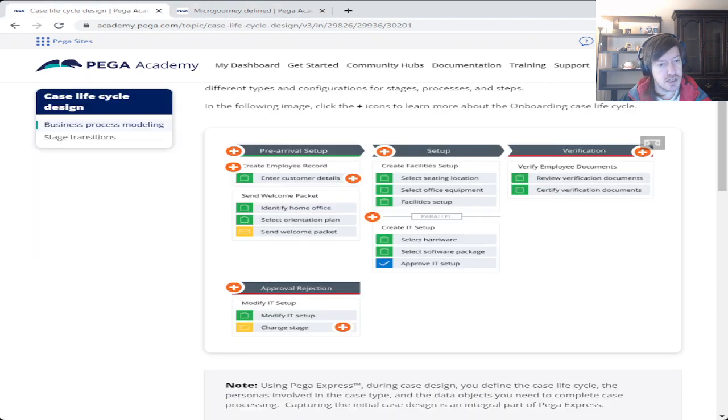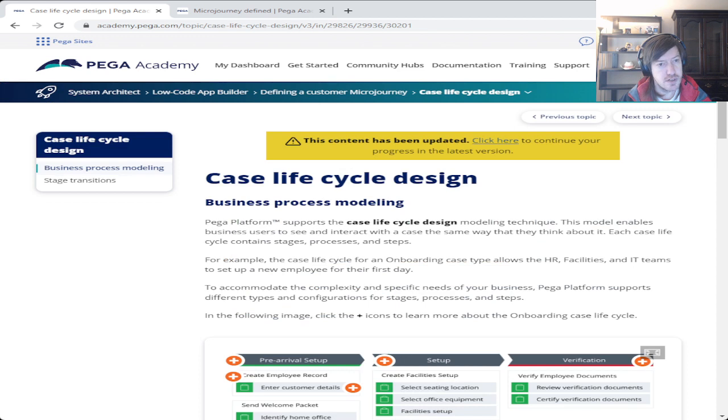Because if they're linking that from the low-code app builder, then it really needs to follow their keywords.